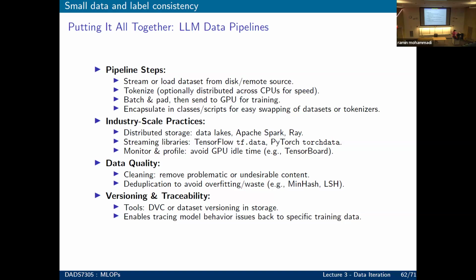If you don't know how to monitor or profile, one example is TensorBoard. Whether or not you have worked with it before, it's pretty useful for getting a profile over your GPUs, CPUs, and so on to find the bottlenecks. That's just one example.